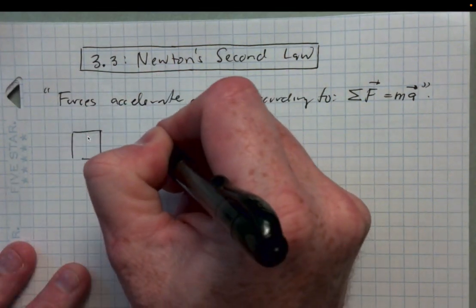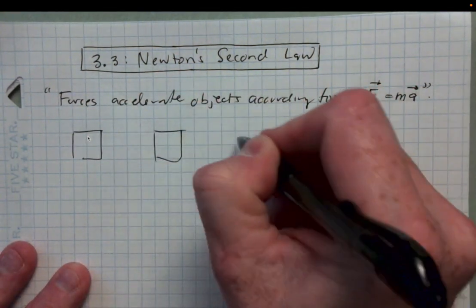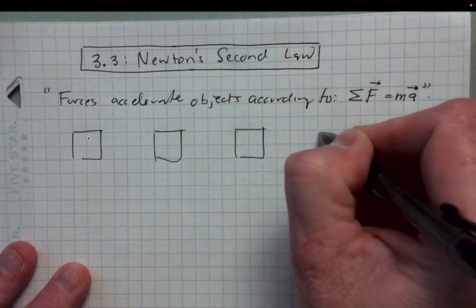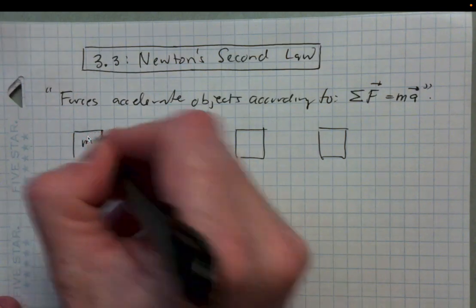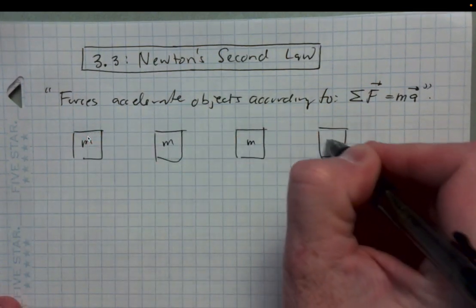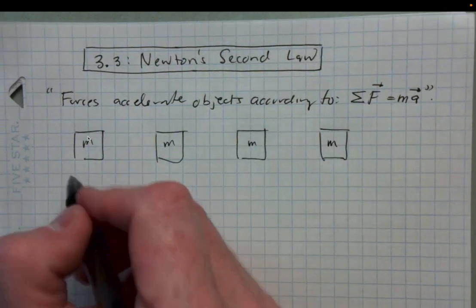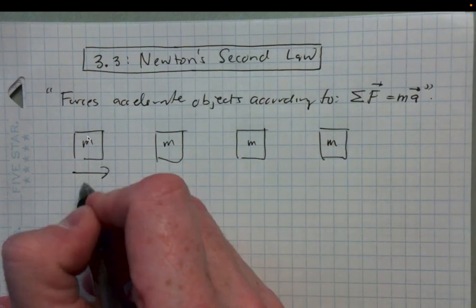So let's imagine we have an object moving on, we'll just think of it as a frictionless surface. Okay, so I've got some mass here. This is the same object at 4 different times, moving on a frictionless surface.